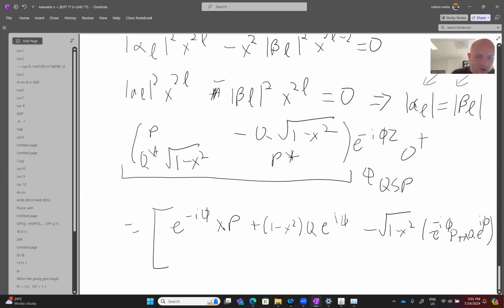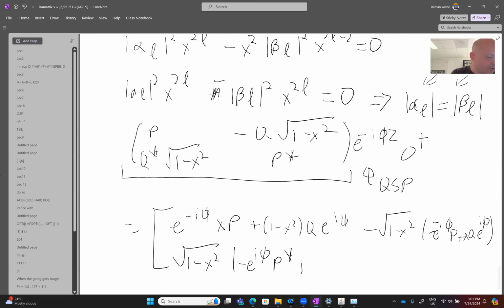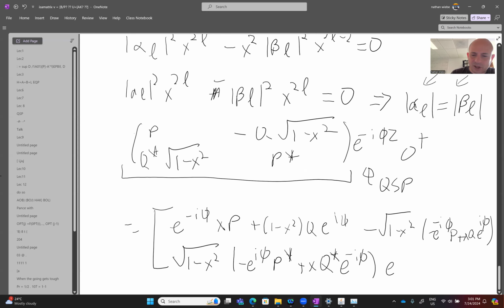Now we're going to have its complex conjugate down below here, square root of 1 minus x squared times negative e to the i phi P star plus x Q star e to the negative i phi. And now we're going to have the complex conjugate of the upper left element here, which will be x P star plus square root of 1 minus x squared Q star e to the negative i phi.